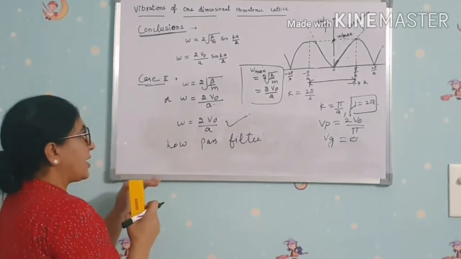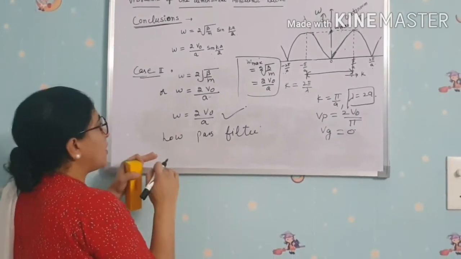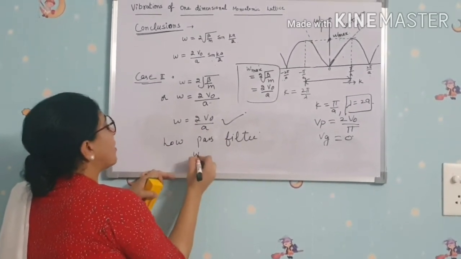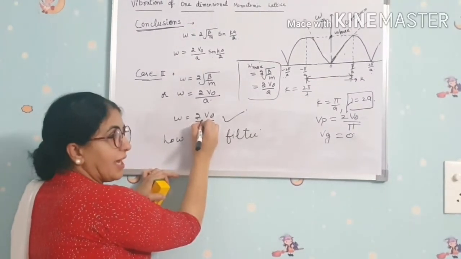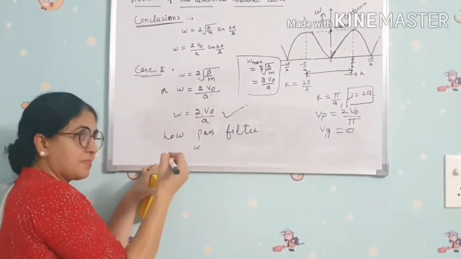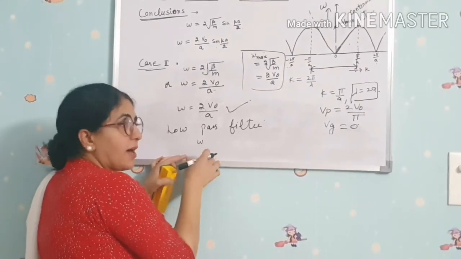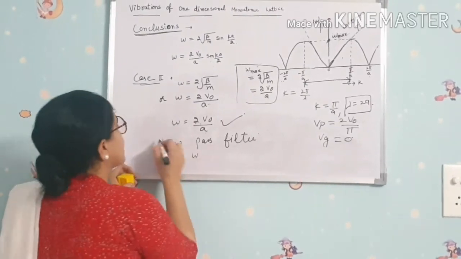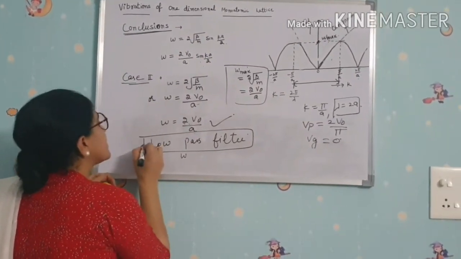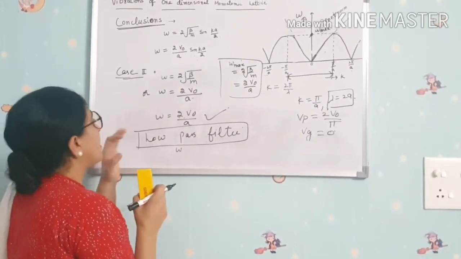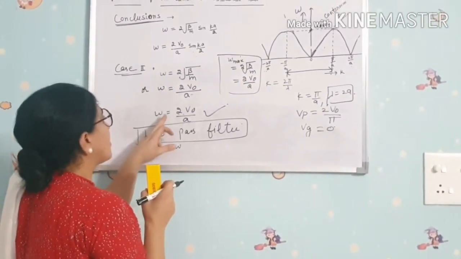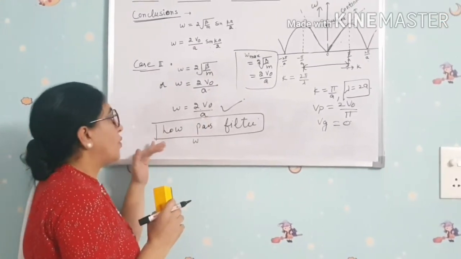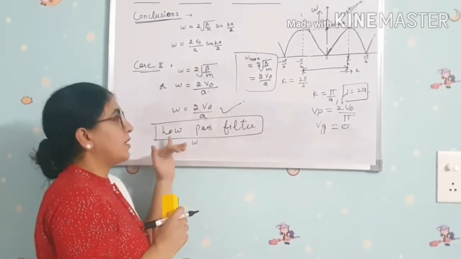Because frequencies from 0 to 2 V naught by a, frequencies less than or equal to 2 V naught by a, are passed by this, and others are blocked. Clear? So it acts as a low pass filter. Only frequencies less than or equal to 2 V naught by a are passed. So a monatomic lattice behaves like a low pass filter.